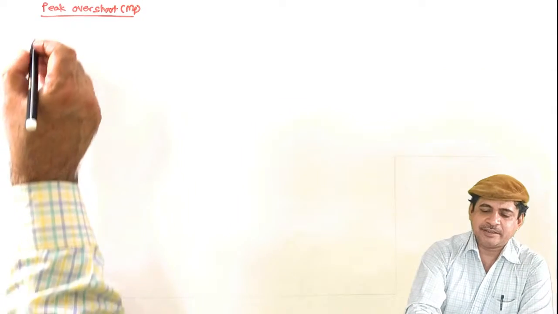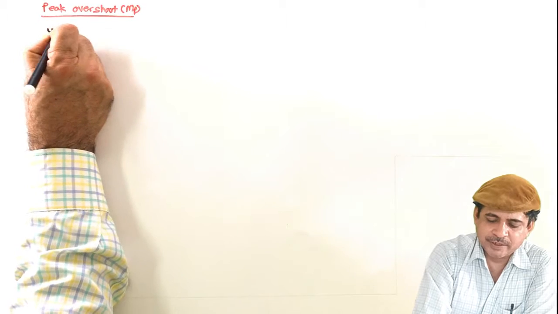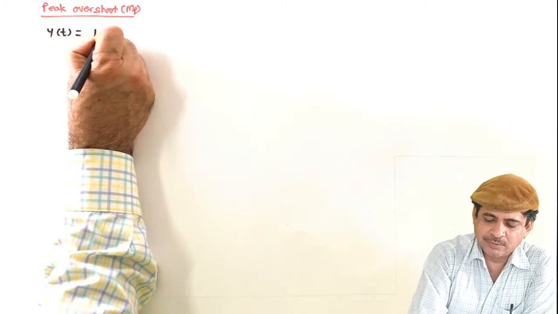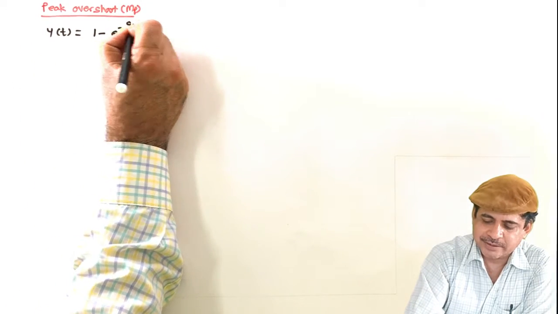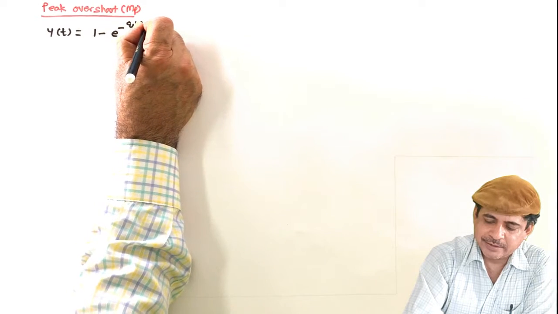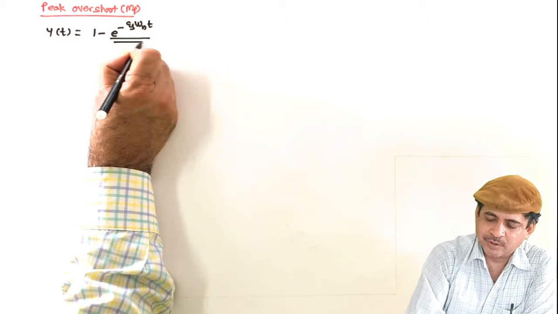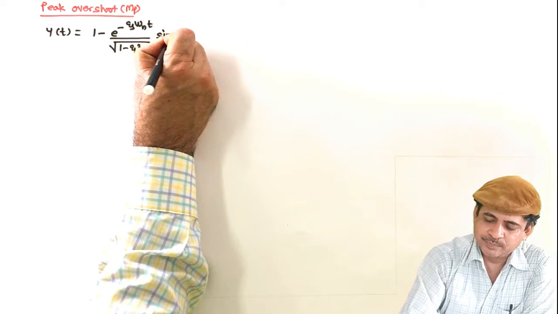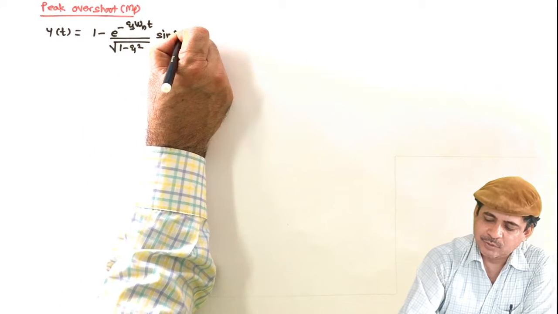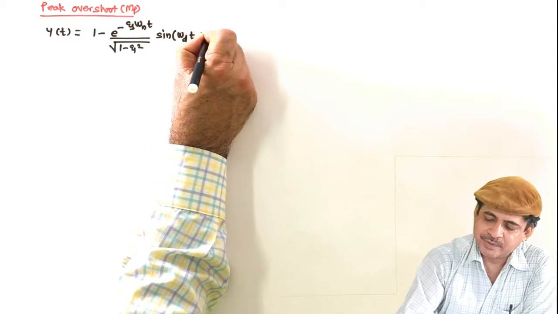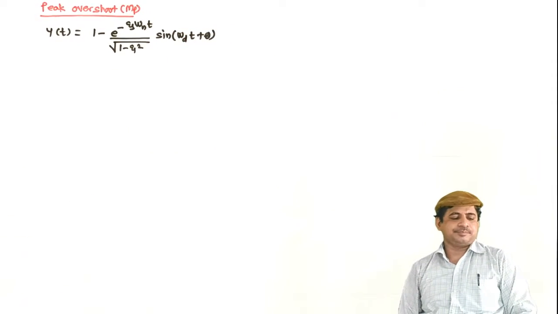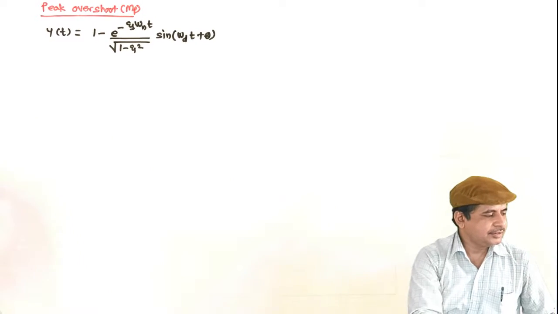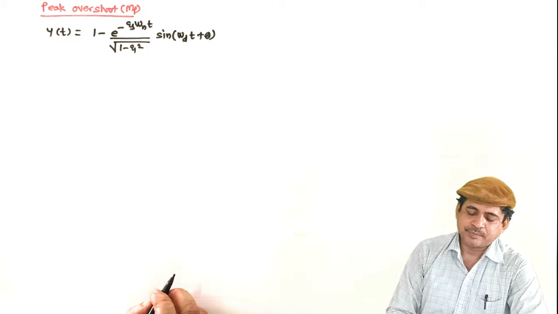So now I need to rewrite the expression y of t is equal to 1 minus e raised to minus zeta omega n t upon under root 1 minus zeta square into sin omega d t plus theta.